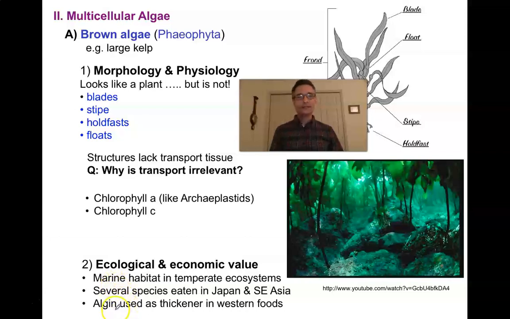And even here in the West, we're not usually eating laminarias in our soup, but we do distill an algin that we use as a thickener for a lot of Western food. So a lot of stuff like ice creams and so on that have a thickener comes from this algin. So whether you intend to or not, you've probably eaten some brown algae in your life.